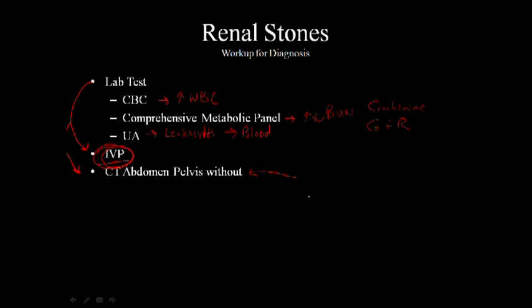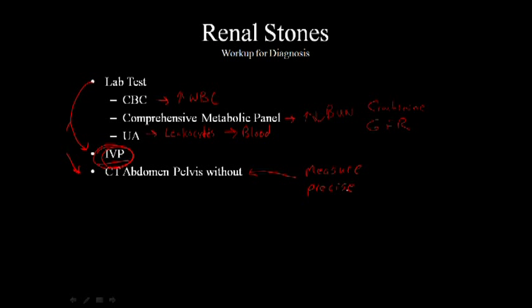It seems that CT abdomen pelvis without contrast is very, very accurate for this. And also, you have the capabilities to measure and define precise location. And so, due to the precision of CT abdomen pelvis without, we typically think that that is the best option here.